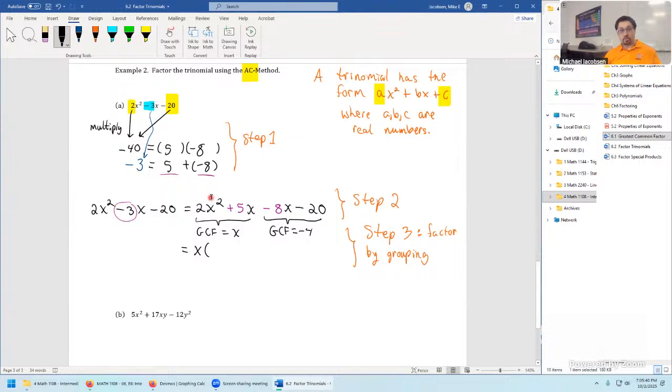Factoring out x would leave us with a 2x here, plus 5 when we factor it from this term. Factoring out a negative 4 means put negative 4 in front. Divide negative 4 here, we get positive 2x. Divide negative 4 here, we'll get positive 5.